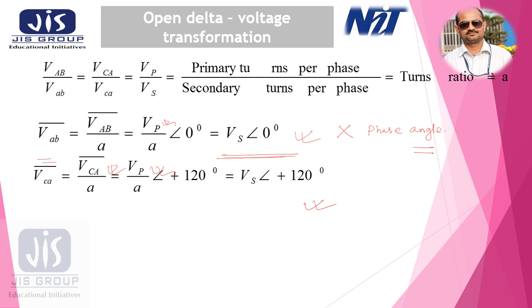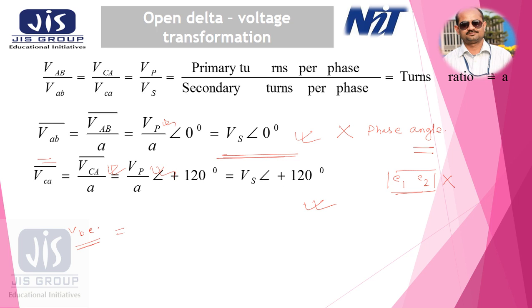Okay, now if I simplify this, there is no winding between the terminal BC in the secondary coil. We have shown in the figure that C1, C2 is absent. It is not in the secondary side. There exists a potential difference between this B and C, so that is denoted by VBC.